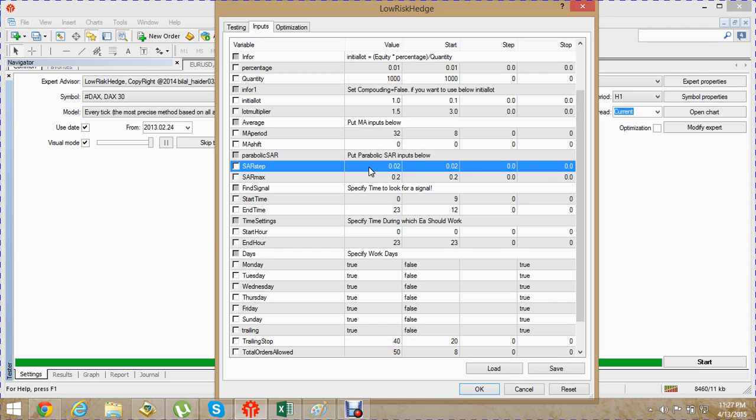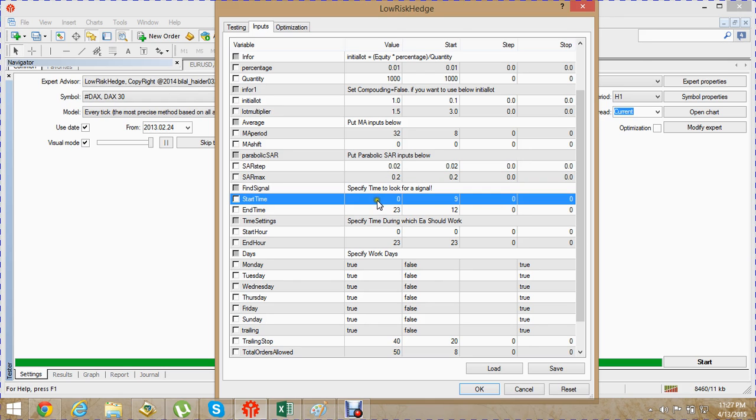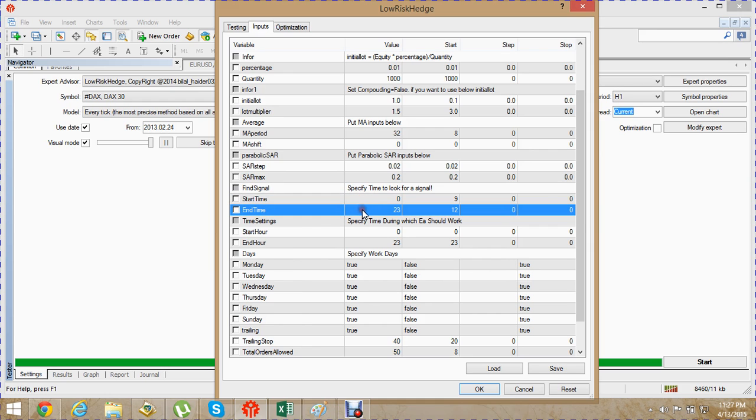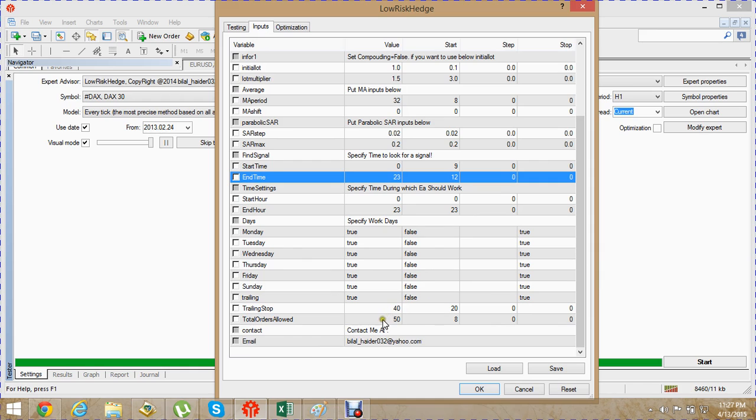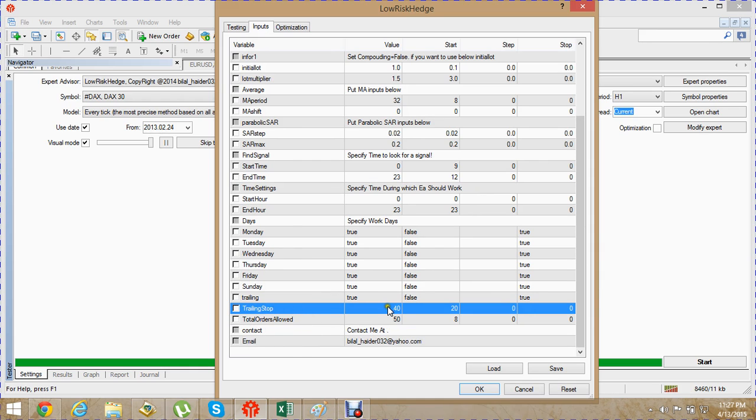So there is no specific time for this particular EA, but you can obviously set it using these two variables. One more thing down here is the trailing stop, and I'm using a 40 pips trailing stop for this EA.